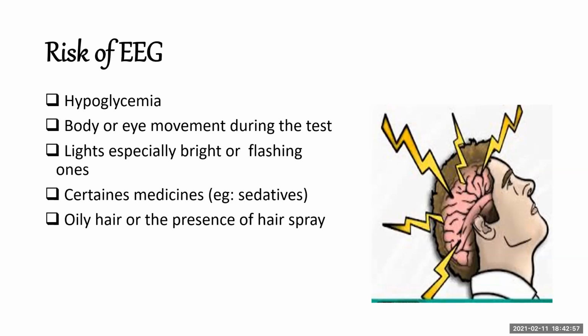What do you mean by risk of EEG? The risk of EEG itself, I mean when we perform the EEG, sometimes it can cause a problem such as seizure itself.